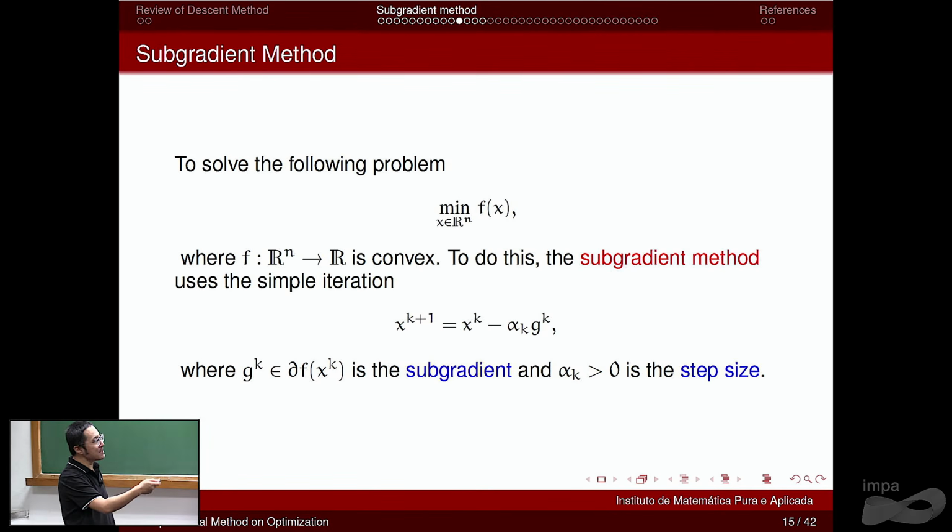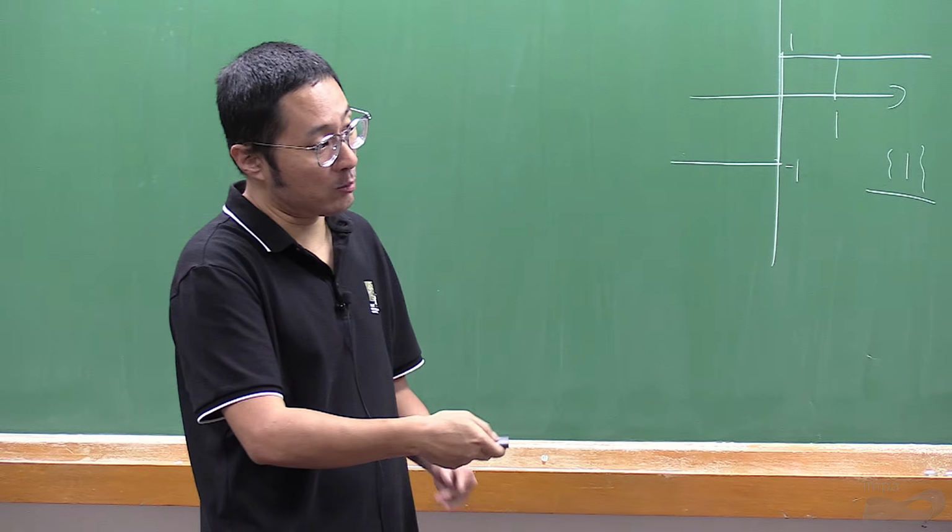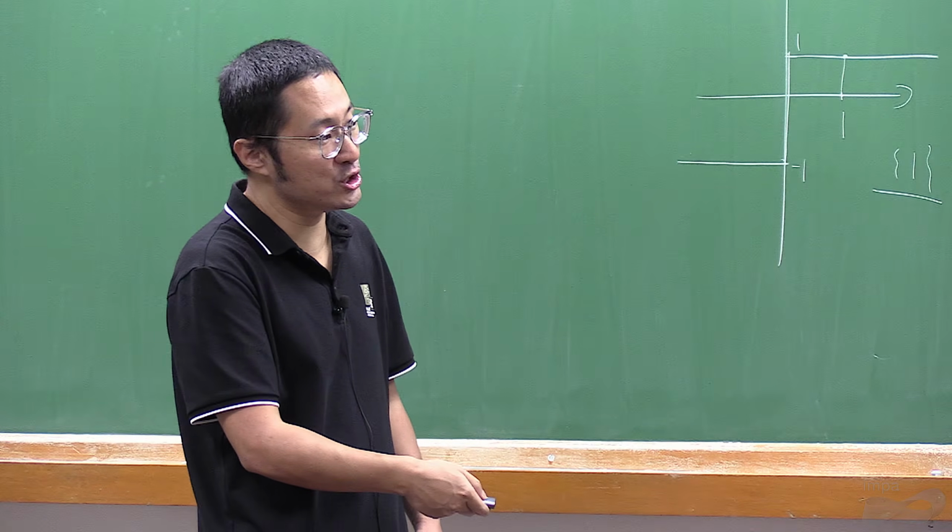The subgradient method is for solving optimization problems. Okay. Here we assume f is convex. The subgradient method is defined like this. Actually, in the last example, we already know it may not be a descent direction, but we use the minus subgradient, minus g_k, okay?